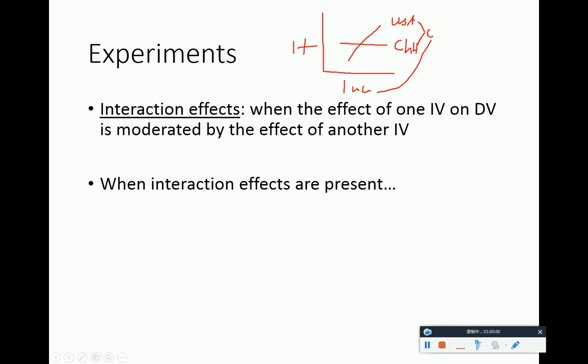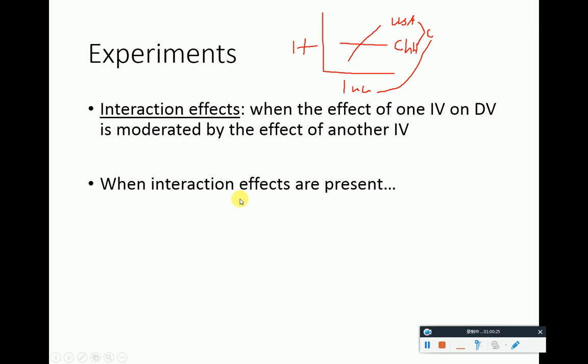So when interaction effects are present, you might ask, how do we know? Of course, we can make this up and plot these two lines, but how do we work this out with numbers? Is there a general rule that we can use to work out the presence or absence of any interaction effects?